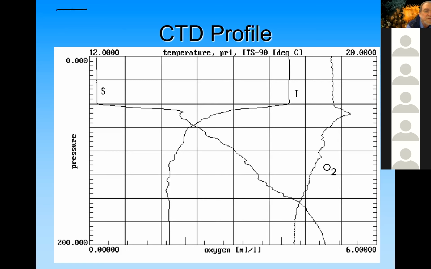So this is the surface, and we were going down not 200 meters, but 2,000 meters. Let me point something out right here. This is the surface, and this is the depth, right? So these numbers are actually negative numbers.